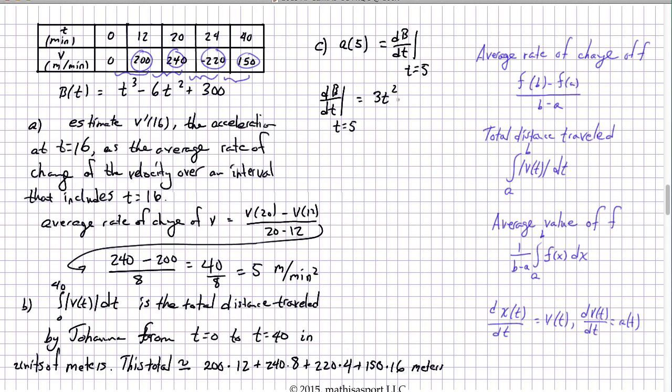That's 3t squared minus 12t, and that has to be evaluated at t equals 5. So we have 3 times 5 squared minus 12 times 5, or 75 minus 60, or 15, with units of acceleration, which are meters per minute squared.